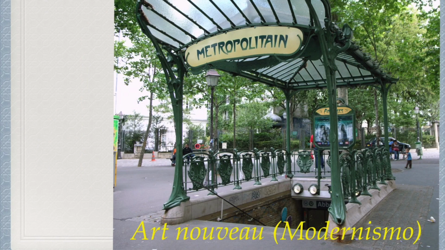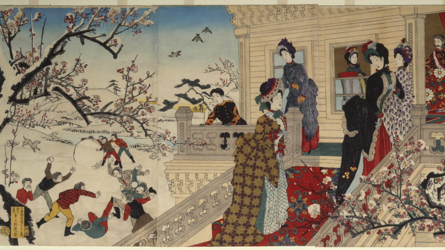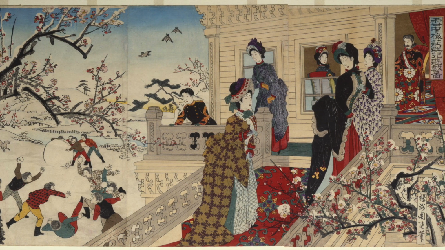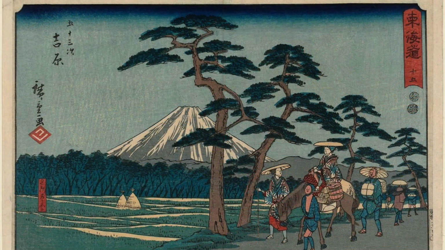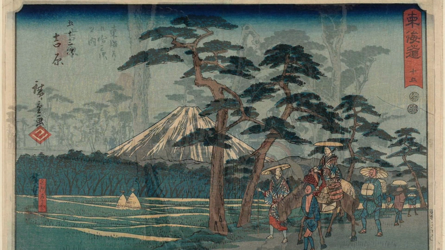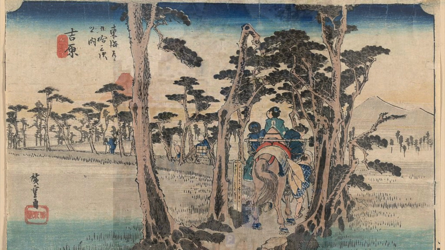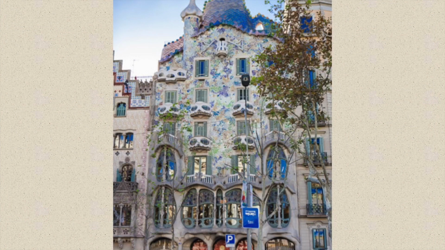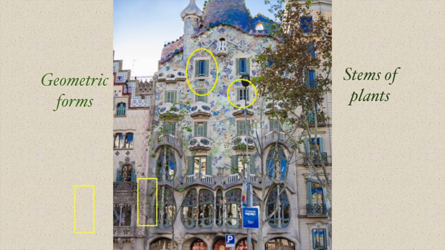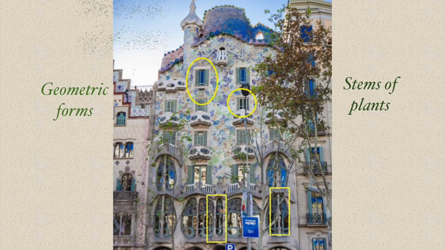The new art, Art Nouveau, Arte Nueva, was influenced by the Japanese woodblock prints. They were floral and full of bulbous forms and whiplash curves. So this Art Nouveau was characterized by geometric forms, squares and rectangles, and forms resembling the stems and blossoms of plants.